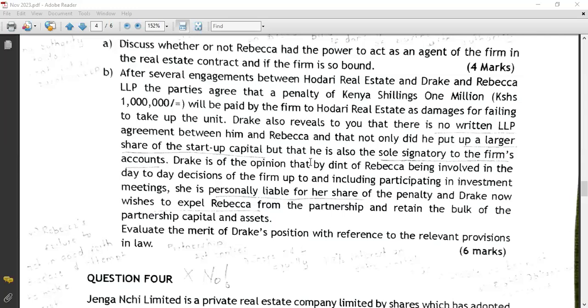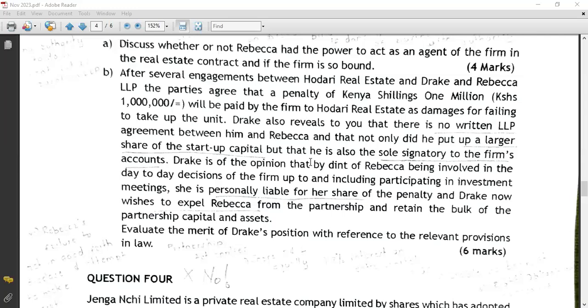So any reference to a resolution of the partners in relation to a particular matter is reference to resolution passed by all partners unanimously or by such number of them as may be specified in the LLP agreement as the number requires to pass. First schedule.